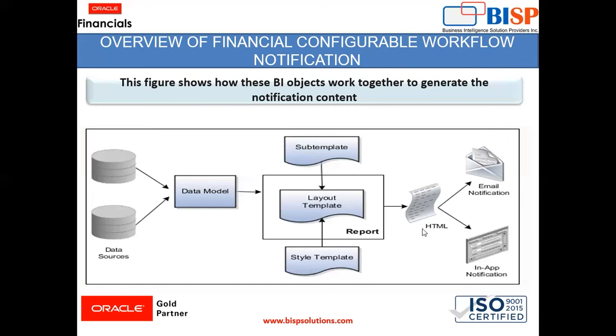It's a hypertext markup language used to design the format of the output generated by the report, that is, how the report is going to look when it is generated. Then from HTML, the email notification and in-app notification are generated. That is, HTML output embedded in the email body, and HTML output embedded in the in-app notification. So this is how the BI objects work together to generate the notification content.